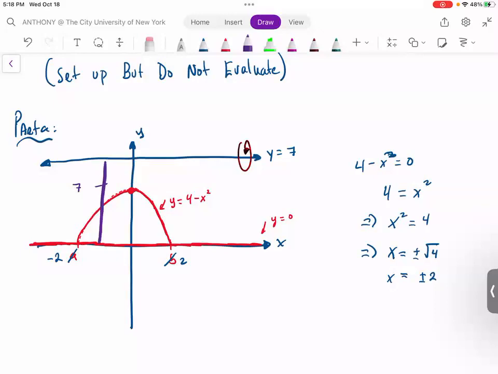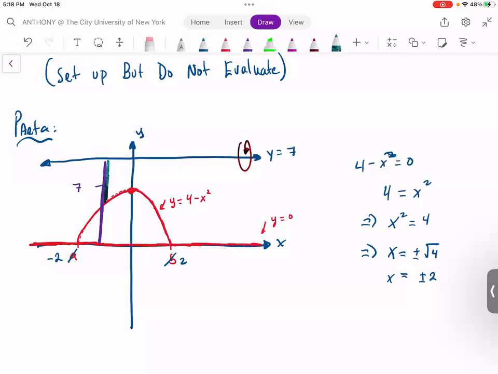Okay, now another thing that we have to look at is the distance between your curve and your horizontal line, y equals 7. So that distance is not going to be 7. It's not going to be 3.